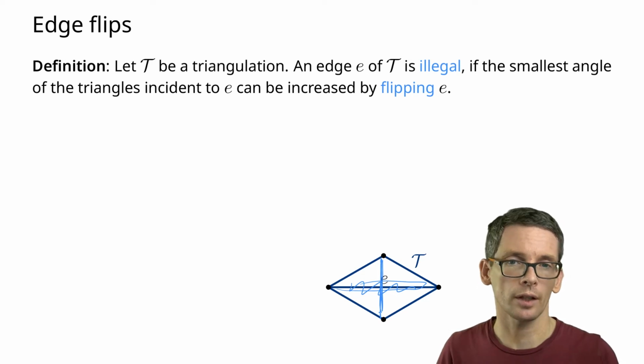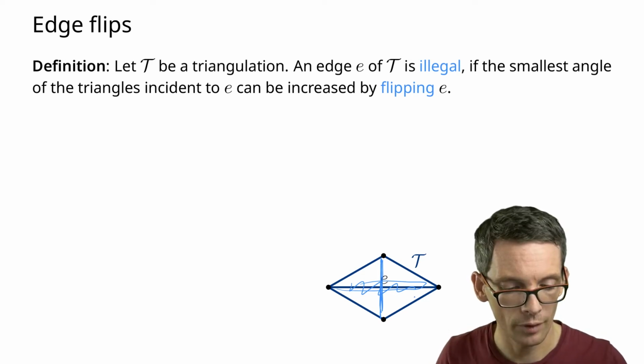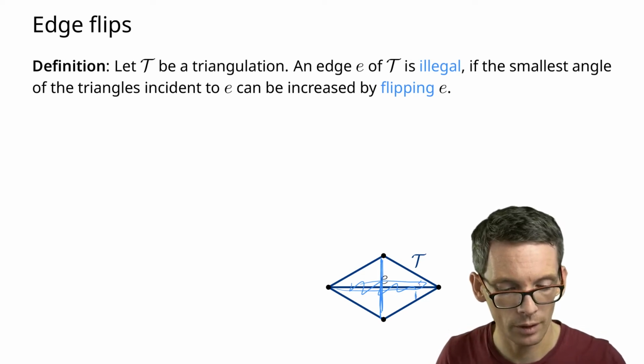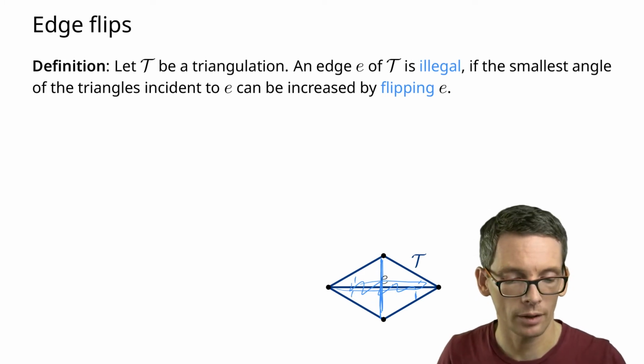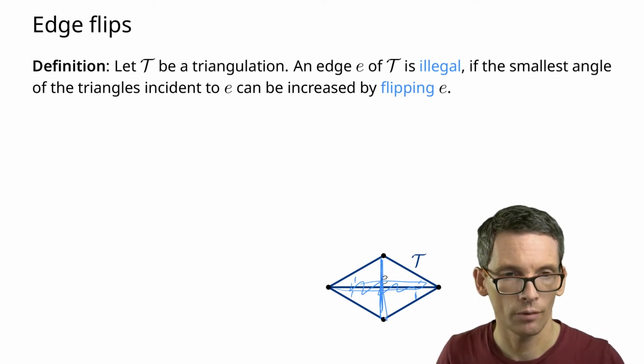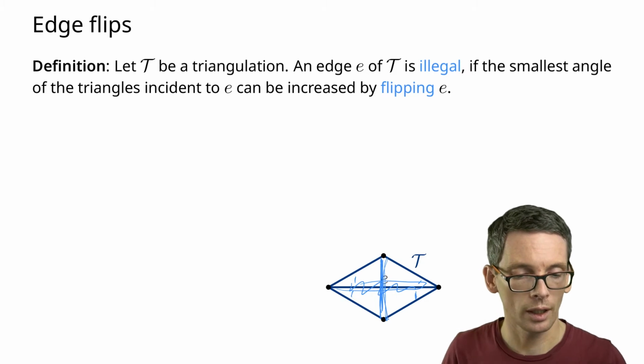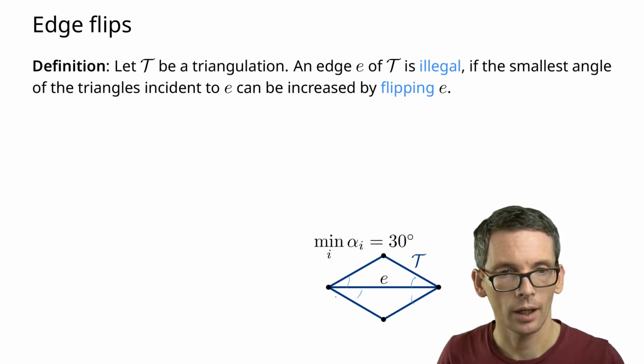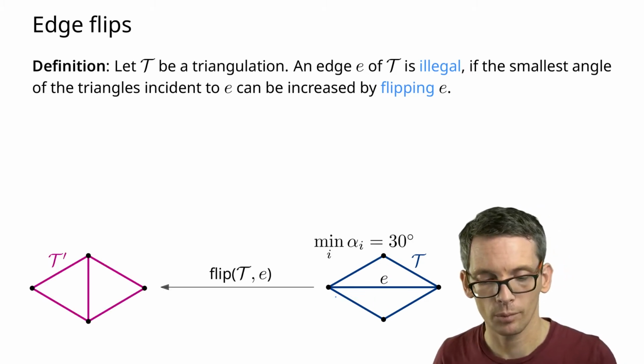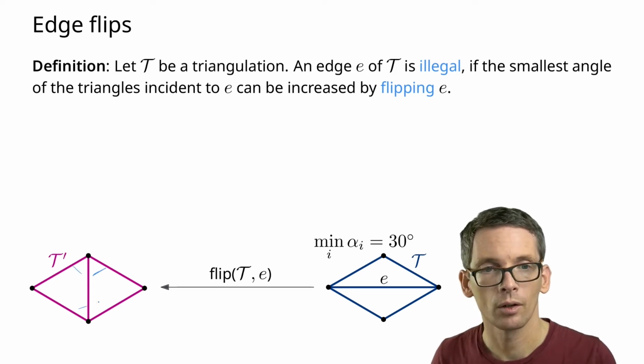So this edge is illegal if the smallest angle incident to that edge can be increased by flipping the edge. So here the smallest angle is 30 degrees, and flipping gives me instead these angles here, which are 60 degrees.